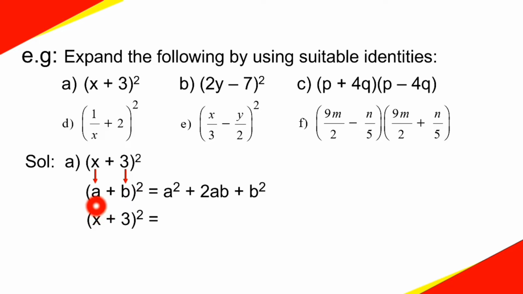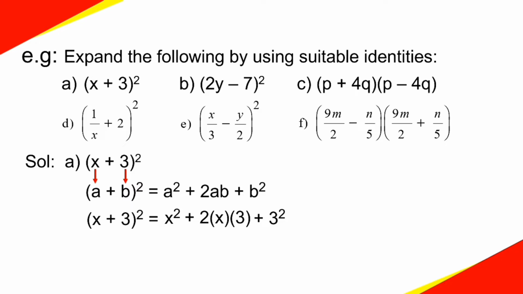So what we got? (x + 3)² is equal to x² (a value is x, so that's why x²) plus 2 into a value is x, b value is 3, so 2 into x into 3, plus b value is 3, so 3².